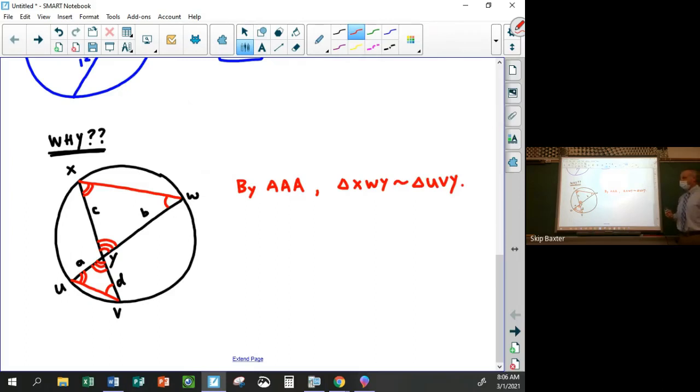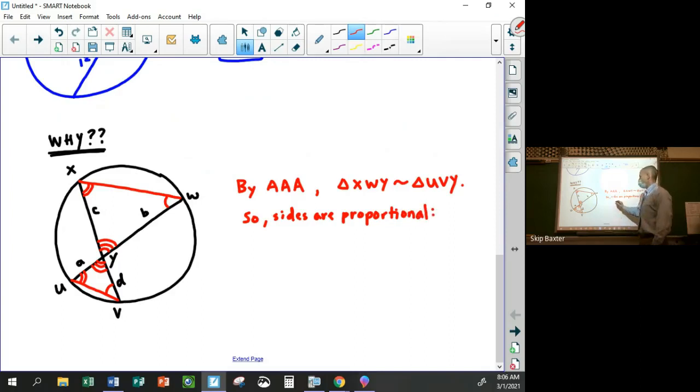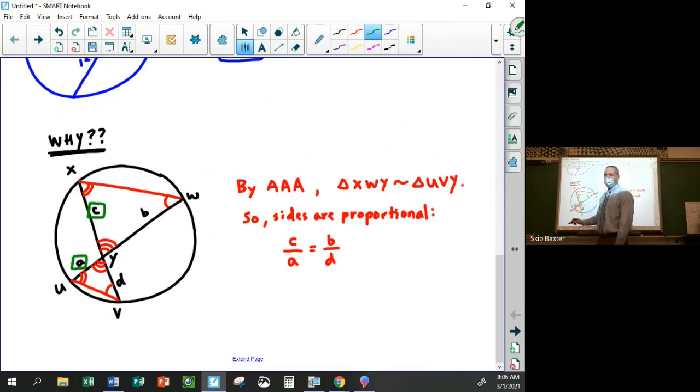And if you have similar polygons, that means the sides are proportional. Which means that C over A equals B over D. That's definitely true, right? Those are the sides that go together, right? In these triangles, the C and the A are like the corresponding sides.